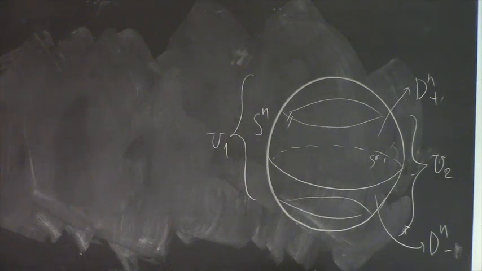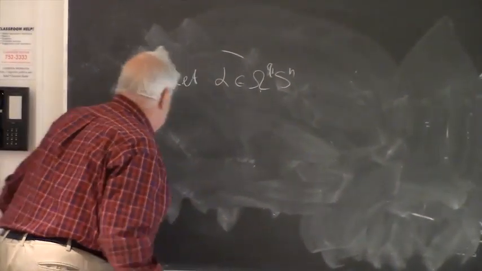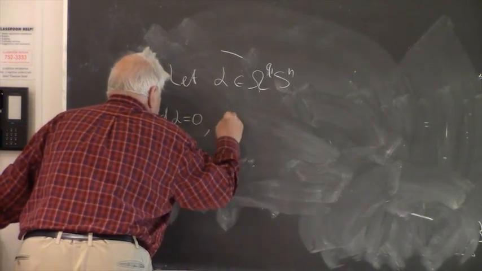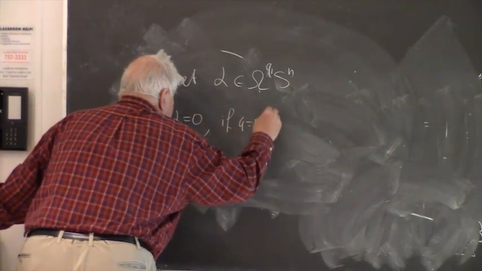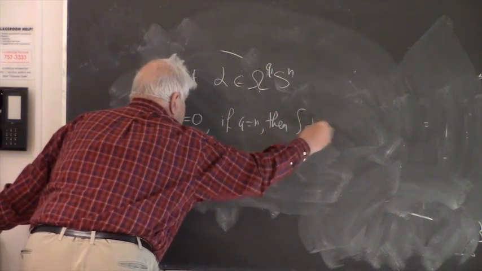So let alpha be a form with all our conditions. So alpha is a form of degree q, and if q is n, then alpha has 0 integral.